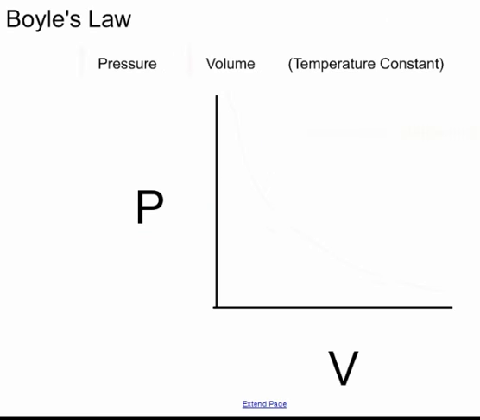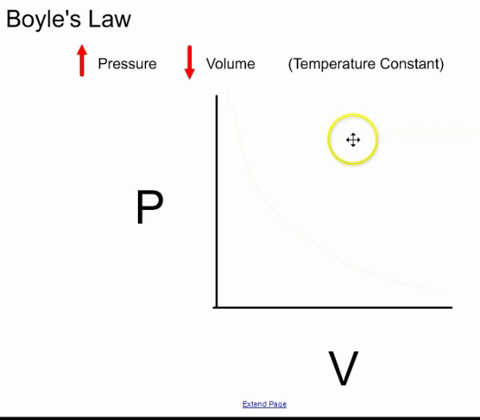Effectively, if we conceptually consider what happened, with an increase in pressure, there was a decrease in volume with the temperature remaining constant. In fact, it was very quantitative. We could add a quantitative aspect to this. When we doubled the pressure, the volume was cut in half, so by the same factor.